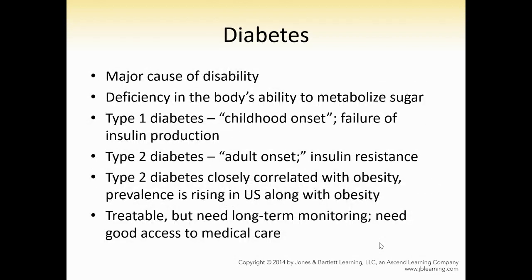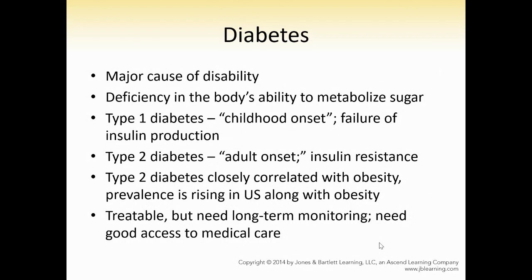The next chronic disease is diabetes, which is a major cause of disability in the US. And it's basically a deficiency in the body's ability to metabolize sugar. There are 3 types of diabetes. You have type 1, which is child onset, and this is a failure of insulin production. So the body was born with it or it developed a little later on, but your body does not produce insulin.